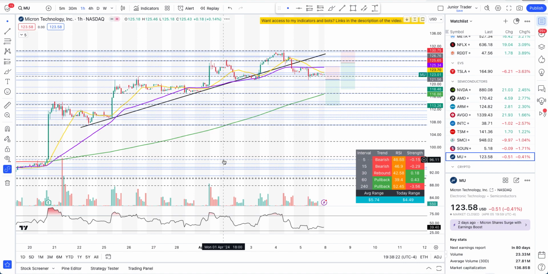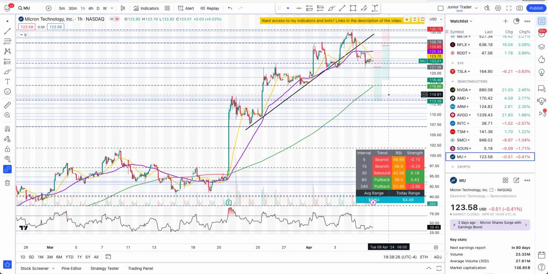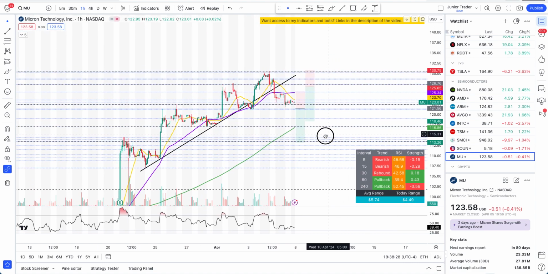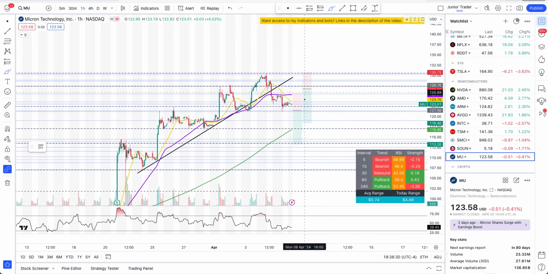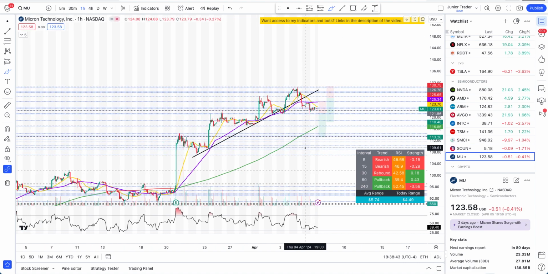I want to go to the hourly interval. And if this week the short play doesn't come really nice, I think then eventually I would want to see the break of the 200 hours moving average and the break of 122 and 36 cents both, and that's when I would want to enter another short play.